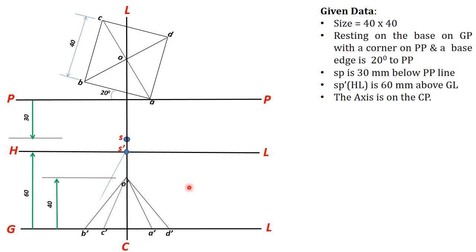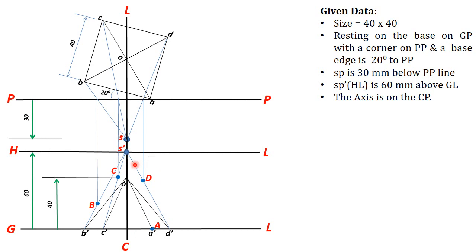Okay, so this is your point A. Then mark all the other points front view visual rays. Okay, S dash B dash, S dash C dash, S dash D dash. Then corresponding top view visual rays from S to B, S to C, S to D, and find the corresponding perspective points. Okay, now you got all the base points perspective view.